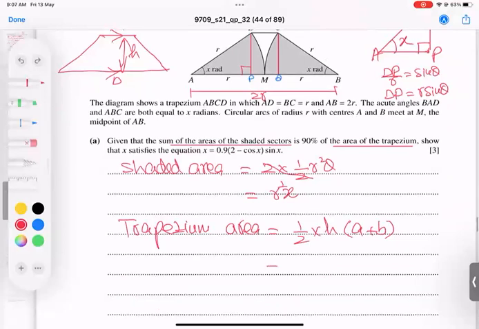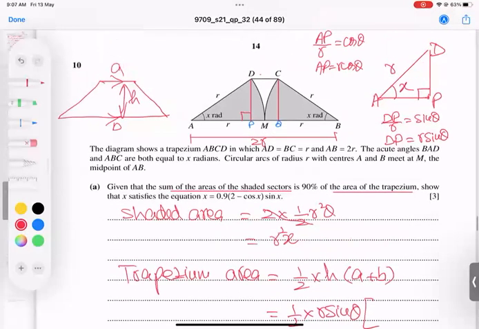So r sine theta is DP, and a is this gap, and this is b. b is very clear: b is 2r. But how to get DC? DC means this gap of the trapezium. How to get it? This gap times 2, because this is r cos theta, this is r cos theta.